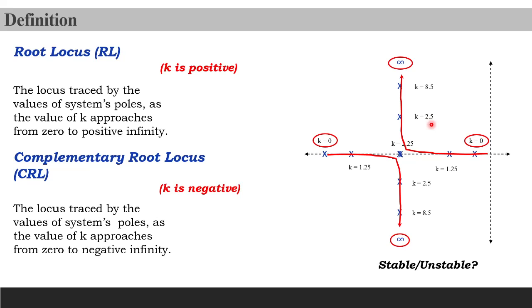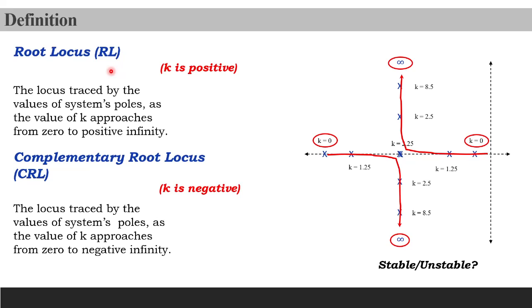So if you select the value of k equal to 0 and move gradually towards k equal to positive infinity, the locus you plot is called a root locus. The complementary root locus is something where, if I change the values of k from 0 to negative infinity, that would be another sort of loci traced by the poles of the system.